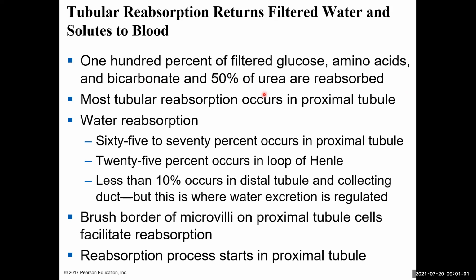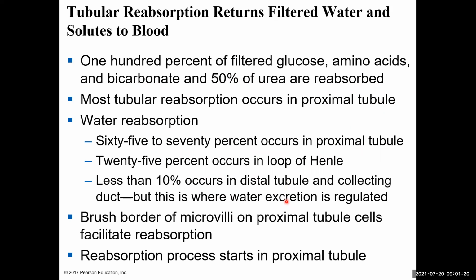And most of this reabsorption happens in that proximal tubule, so before it goes through the loop of Henle. So water reabsorption, 65 to 70% is in the proximal tubule, 25% in the loop of Henle, and then less than 10% in the distal tubule.